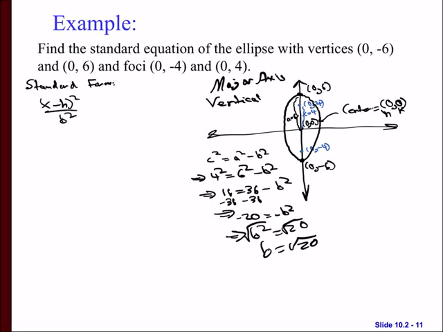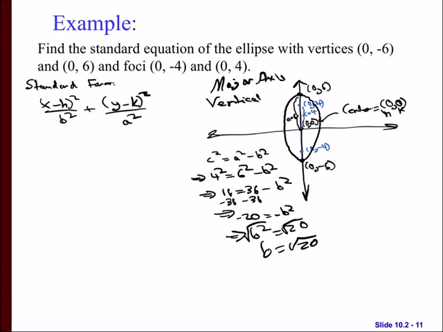Remember, a is always the larger of the two denominators, and a is always with the term of whatever your major axis is. If it's horizontal, it's going to be with x, because the x-axis runs horizontally. If the major axis is vertical like this one, we're looking at our vertical axis, which is y, so that's where a will be. So (y - k) squared over a squared.